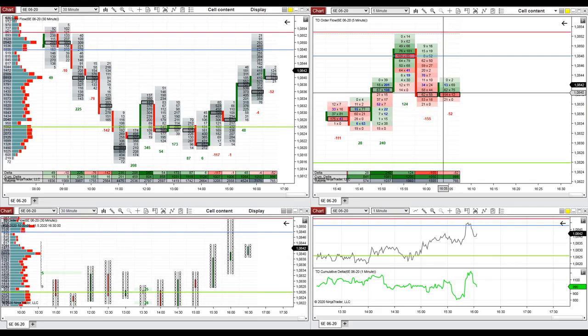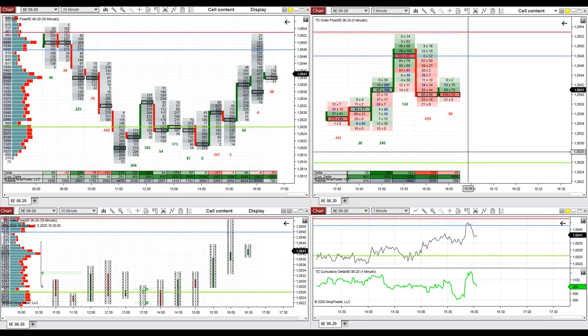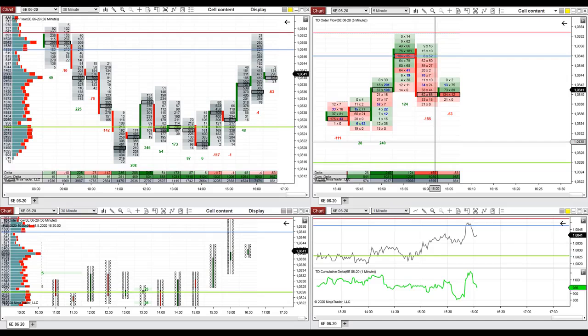More sellers jumping in. Delta is dropping.